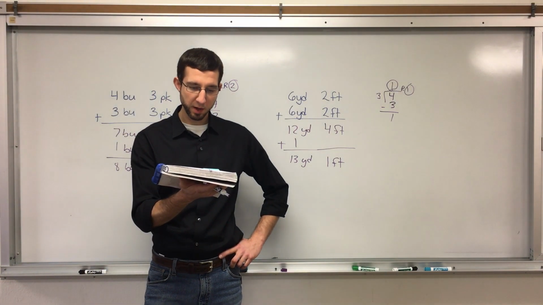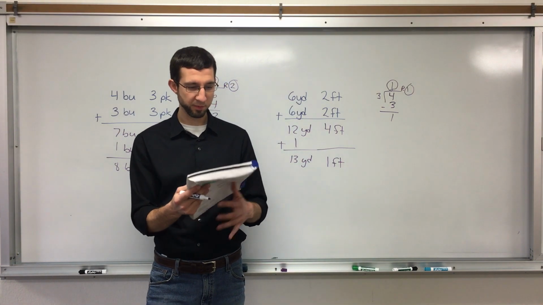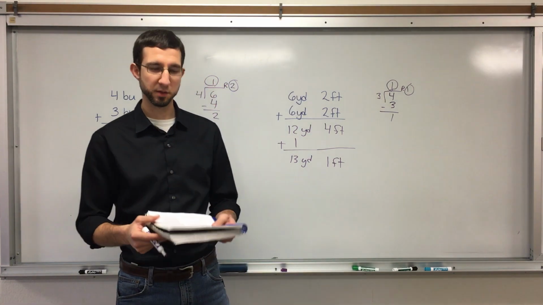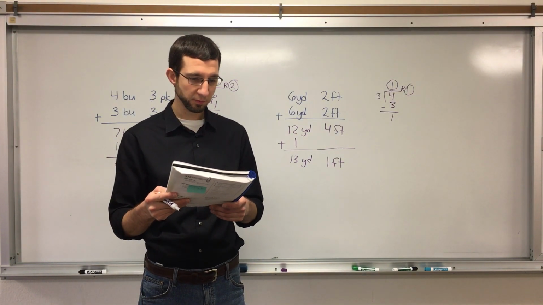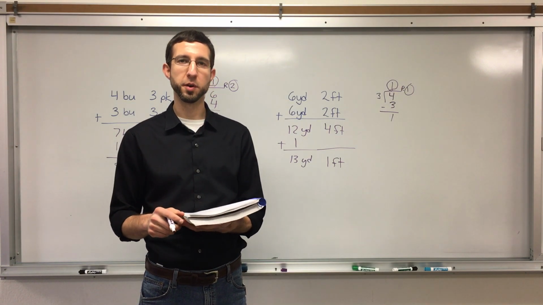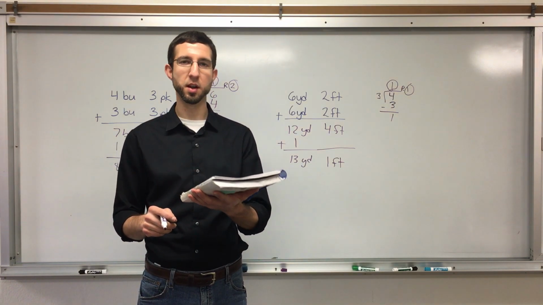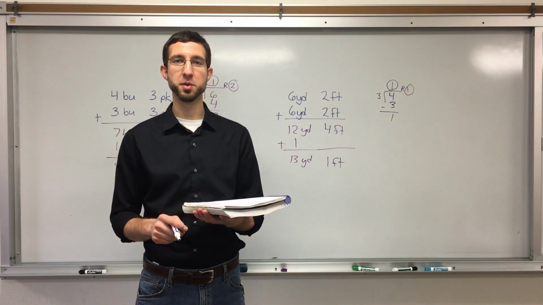Let's talk a little bit about a few problems in your lesson. Part F, I'll give you time to look at that. The directions say estimate the sum or difference. You have 2 problems, one's an addition, one's a subtraction.